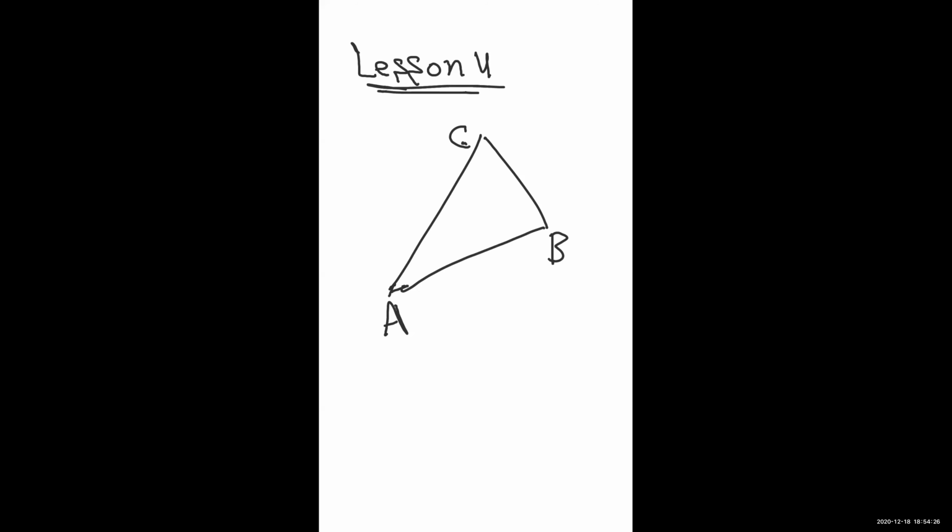So the shortest distance between C and B is BC, and the shortest distance between A and B is the length of AB. Are we clear till now?